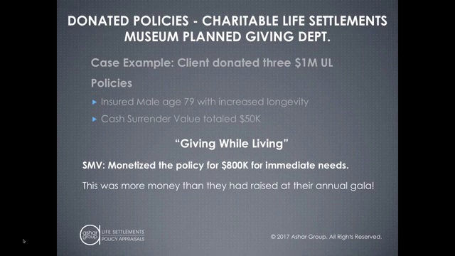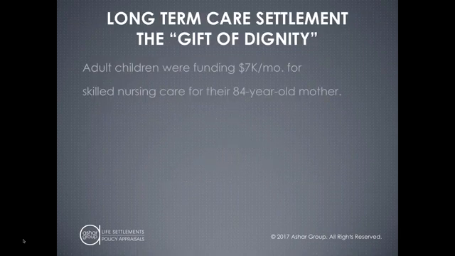So let's just say they had a different view of life insurance after this, and as fiduciaries sitting on the board, they were really happy they didn't leave $750,000 on the table. And now the donor got to see the benefit and how that money was being put to work. So it's a really just fantastic story.